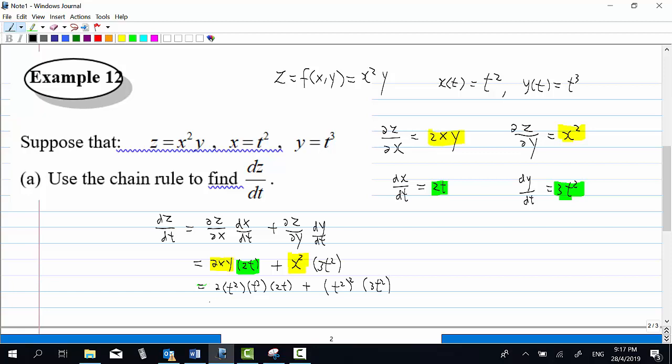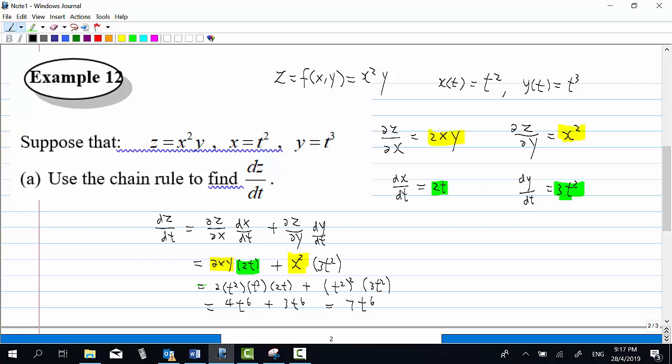Then multiply them together. 2 times 2 is 4, so 4 times t to the power 6 plus 3 times t to the power 6.